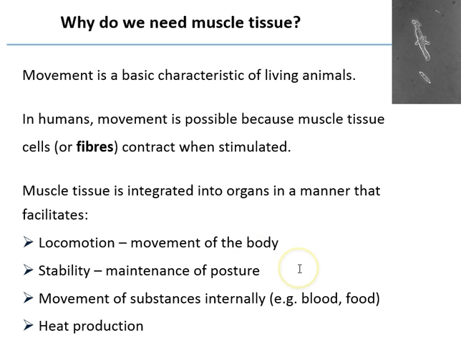The ability of the muscle cells to contract will also contribute to the stability of our bodies when we're maintaining posture. Muscle tissue will also help move substances internally within us, for example, food in the digestive system or blood in the cardiovascular system. And muscle cells also generate a fair bit of heat, which allows us to maintain our body temperature at a stable temperature of about 37 degrees centigrade.